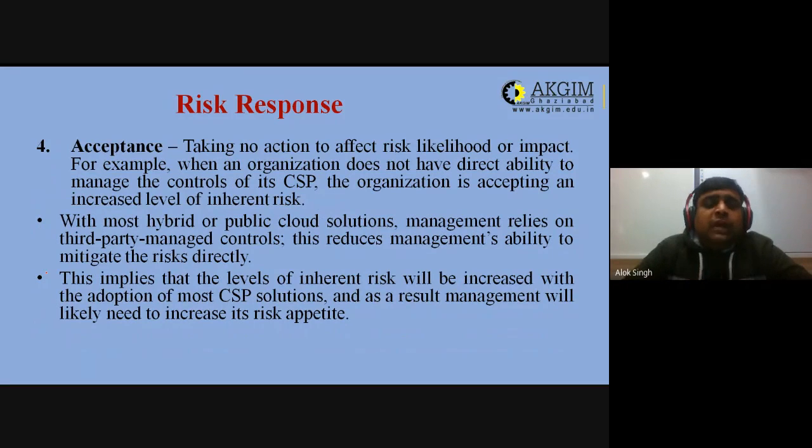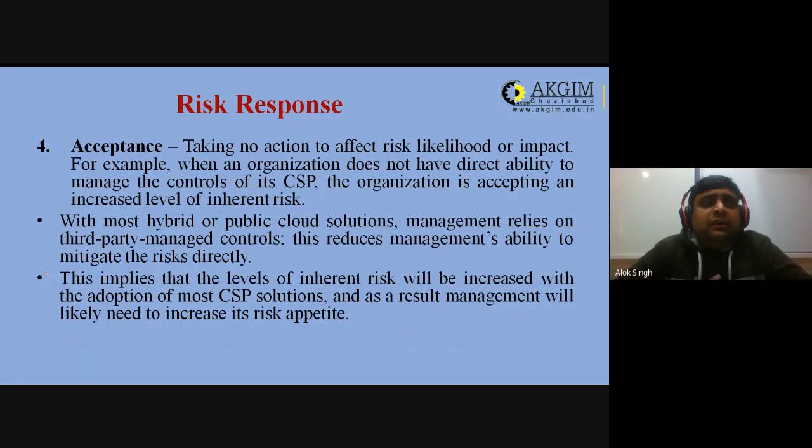With most hybrid and public cloud solutions, management relies on third-party managed controls, and this reduces management's ability to mitigate the risk directly. I am just giving you an example of this type of risk acceptance. We all know that using or accessing the internet is not safe for us, but we still maintain our different social media accounts, so we have accepted that risk.